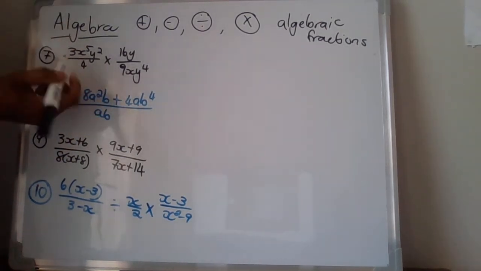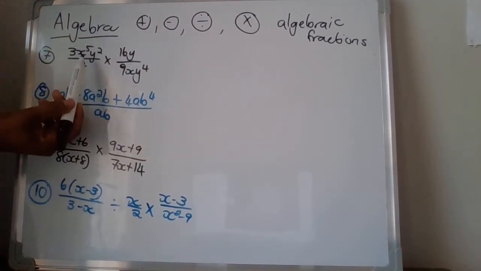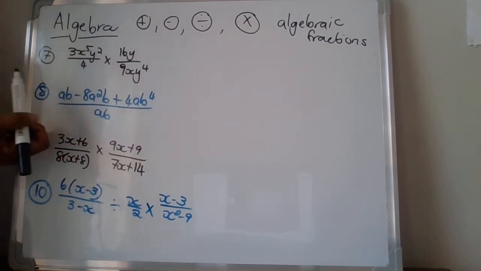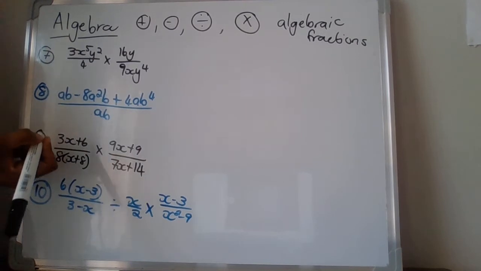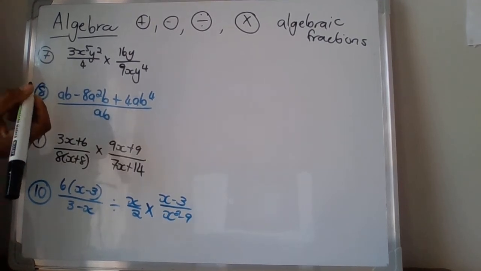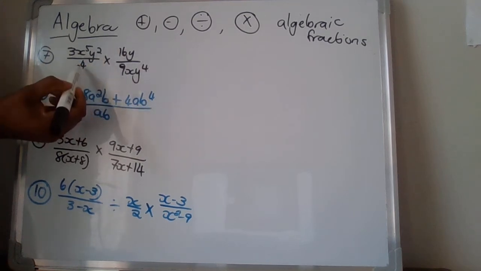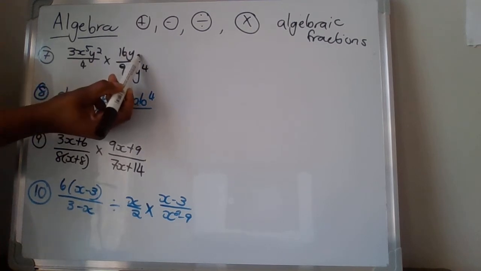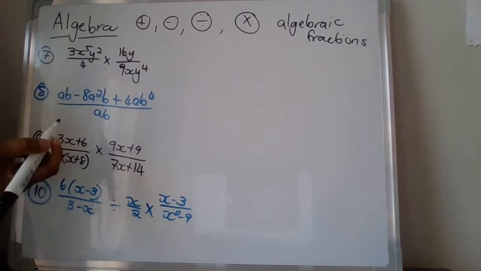So the whole point is for us to make sure that we can divide like terms. All right, so we are simplifying this fraction. So you need to see then what goes into what in order for you to be able to work out the final answer. So it's up to you whether you want to do cross multiplication like this, or you firstly want to multiply at the top, multiply at the bottom, and then work out which terms are alike.